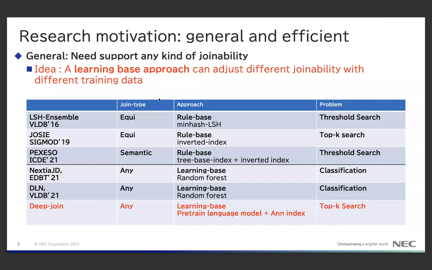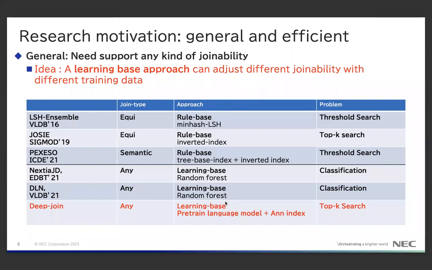If we want to design a framework that supports all kinds of joinability, a learning-based approach is a good choice, because we can adjust to different joinability with different training data. For example, if we want the learned model to deal with equi-joins, we input equi-join labeled data. If we want it to support semantic joins, we feed it semantic labeled data. So this is one model for all.